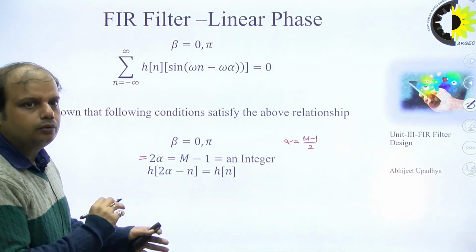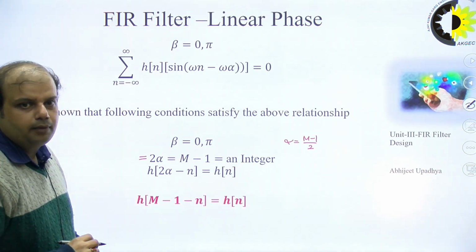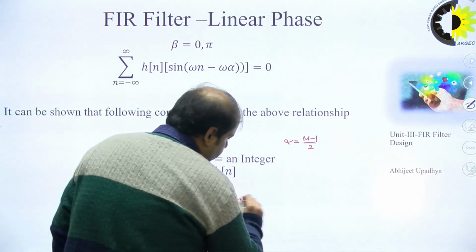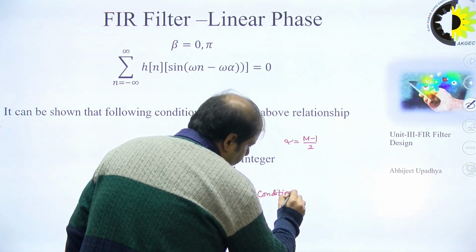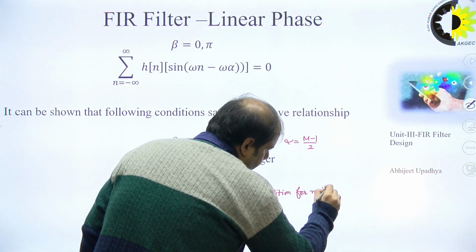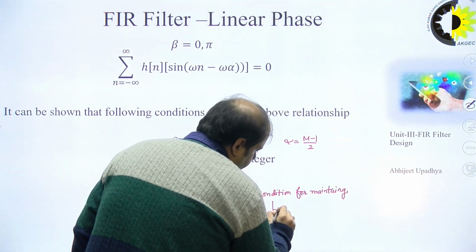It used to be tau then. So if in place of alpha I write that, it becomes h of m minus 1 minus n is equal to h n. So very importantly, this is the condition for maintaining linear phase.